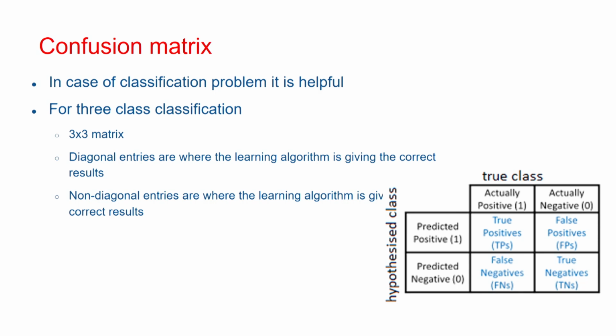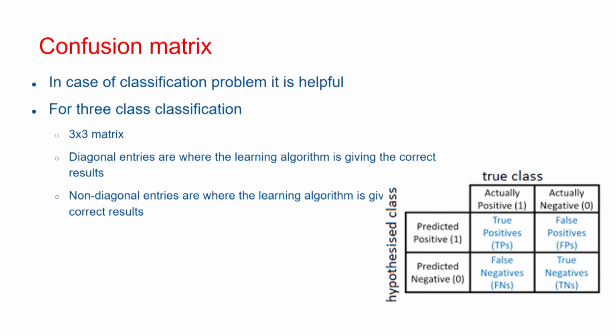These instances are actually negative, but the machine learning algorithm predicted them as positive.